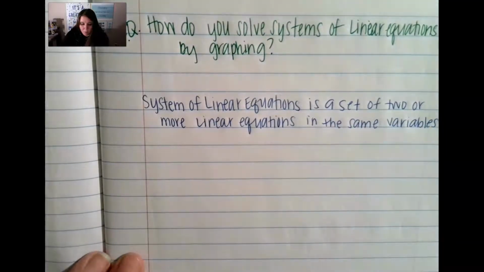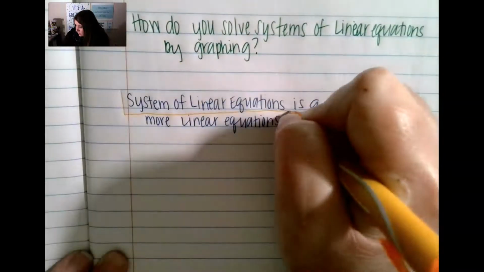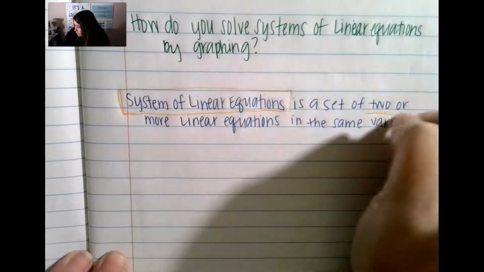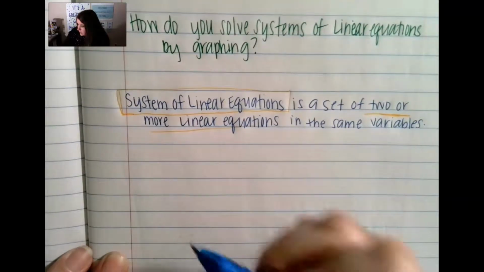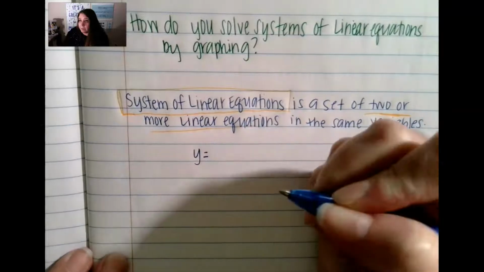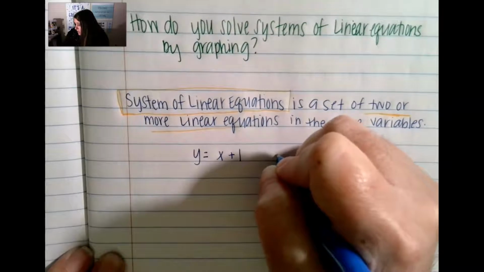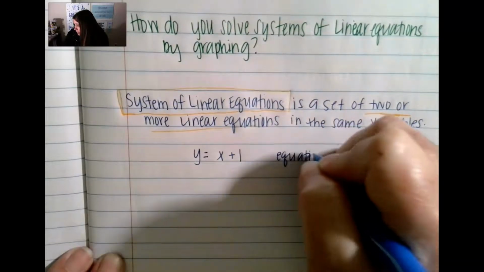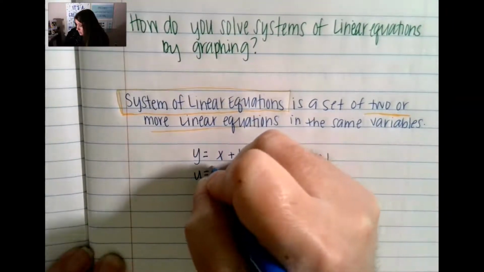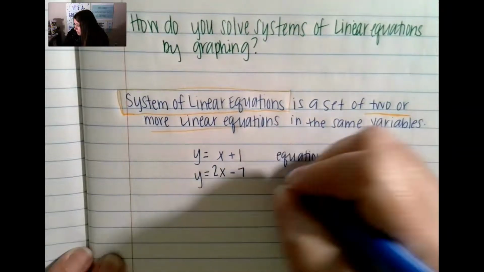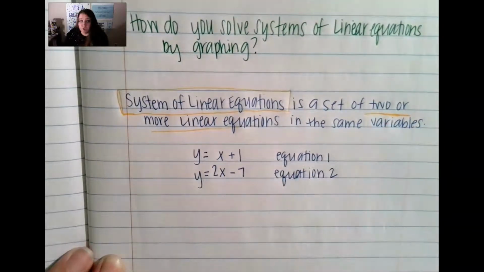All right, so let's look at some examples of a system of linear equations. We have our system, and it's two or more linear equations. So here is an example. I have y equals x plus 1, so this is equation 1, and I have y equals 2x minus 7, equation 2.